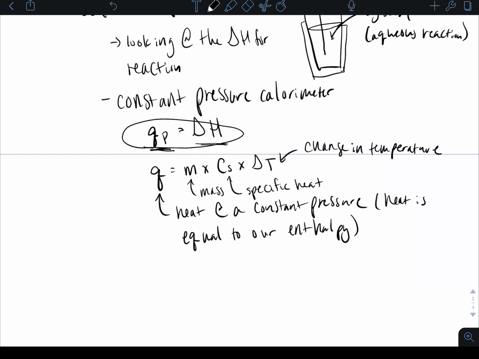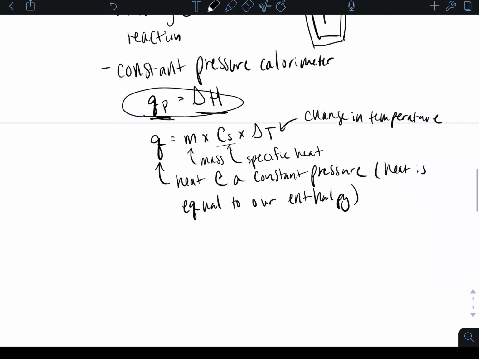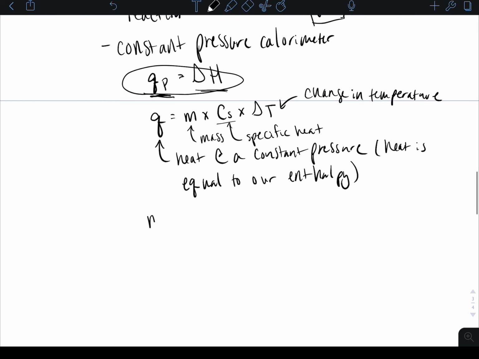So what happens is we have a substance, a reaction going on within our coffee cup, and we have a specific mass of that, because enthalpy is extrinsic, so it depends on the mass. It's going to react and it's going to change temperature. As it changes temperature, we're going to look at how much heat it is based on what its specific heat is. Okay, so our mass is going to be in grams.